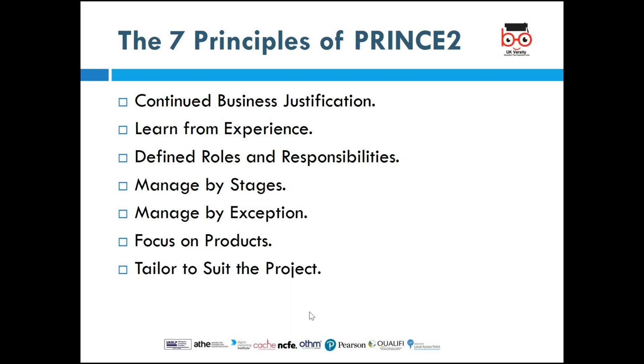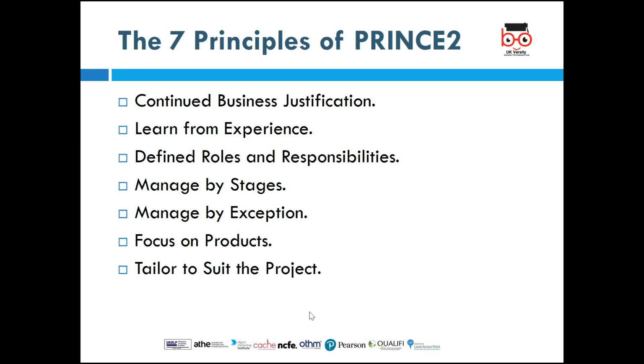We've got 7 principles of Prince 2. Number 1 is continued business justification. At every phase, there should be justification for carrying on and continuing with the project. It allows us to learn from experience, because if the first phase doesn't go well, you learn from it and improve on the second phase.